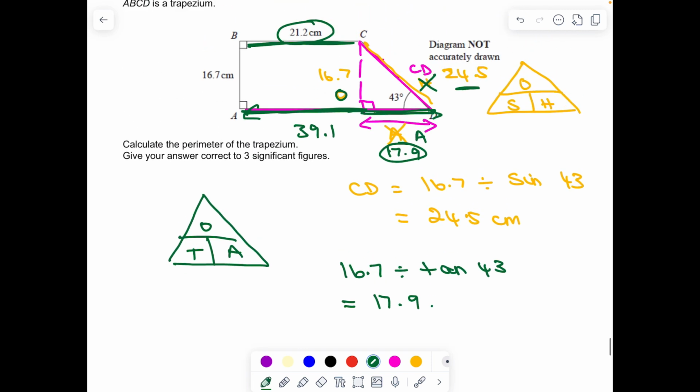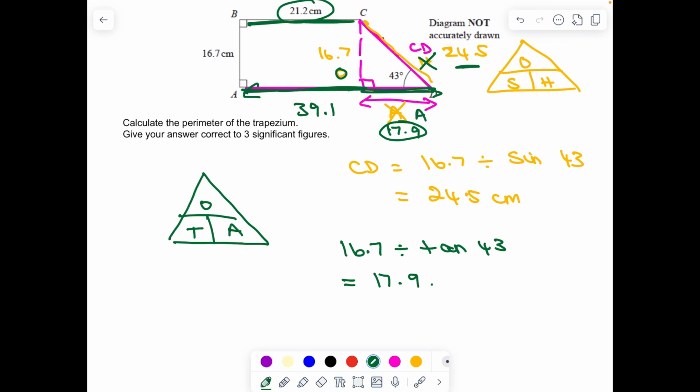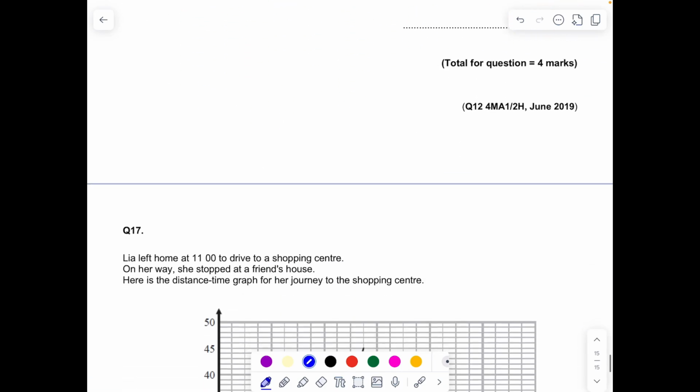So my perimeter, adding them all up, I get 16.7 plus 21.2 plus 24.5, and then finally 39.1, which gives me 101.5 centimetres in total. So there you go, you've got the perimeter.